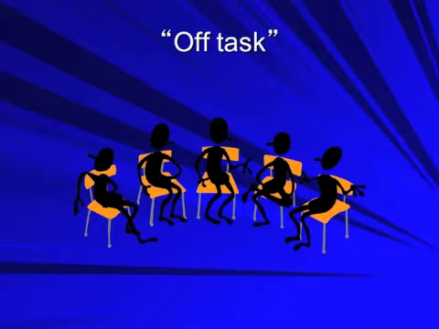However, remember that we must define our behaviors in observable and measurable terms. Now we've got to engage a bit more brain power. How do we define this state of being? On task.